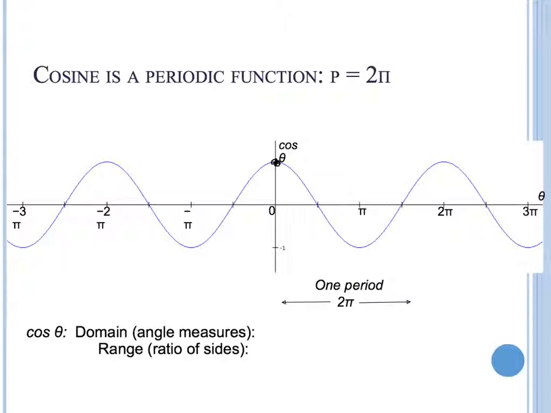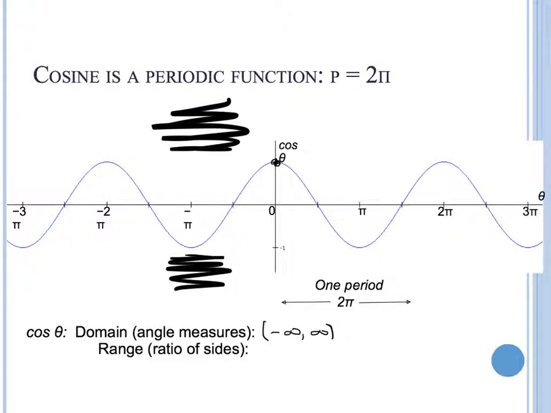So basically it's the sine graph but shifted, and we just have to be sure which one starts in the proper place. My domain again is from -infinity to infinity, because every value on the x-axis there gives me a part of my graph. And my range, I've got nothing down here and nothing up here, so I am going from -1 to 1.